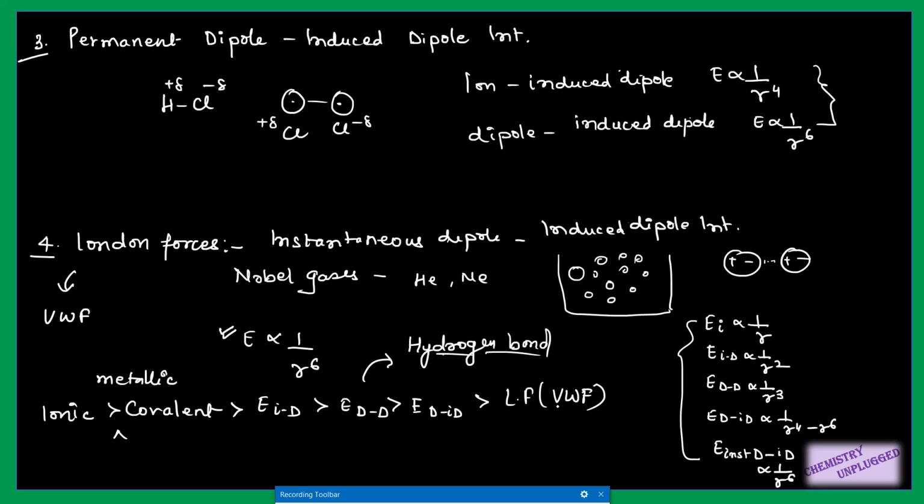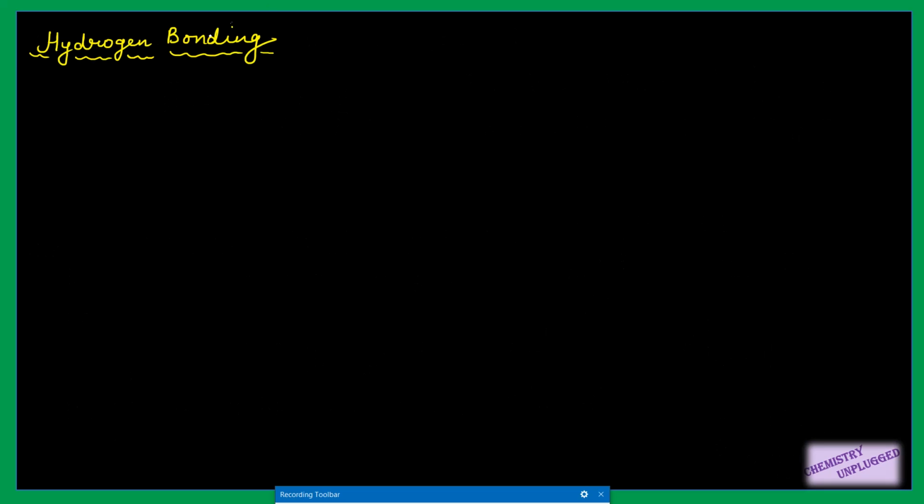This is for certain cases only, so we will take these cases later in main group elements. But at this point you can consider that hydrogen bond strength is greater than van der Waals force strength.